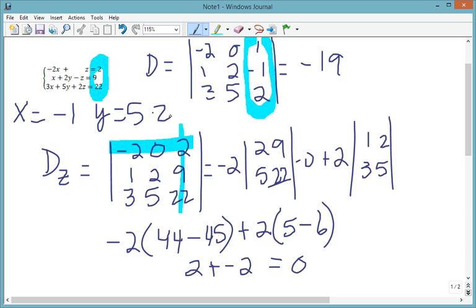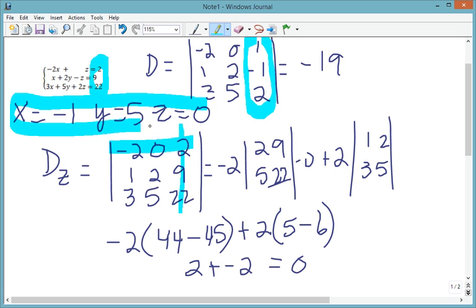So z is equal to 0. And there's my answer. If you plug this into our original equations up here, you see that you get negative 2 times negative 1 would be positive 2, and z is 0, that gives me 2, and it works for all of them here.